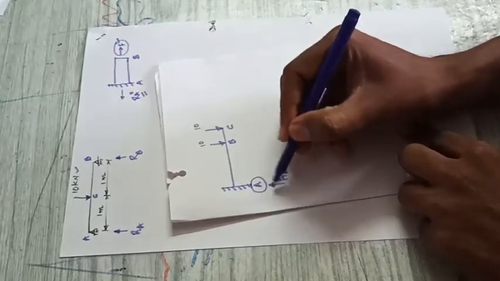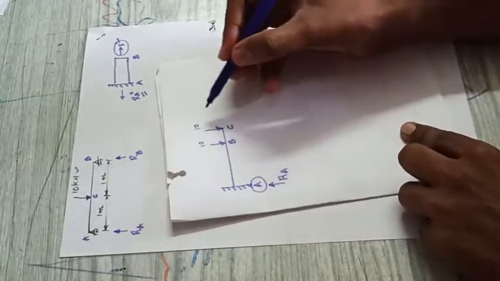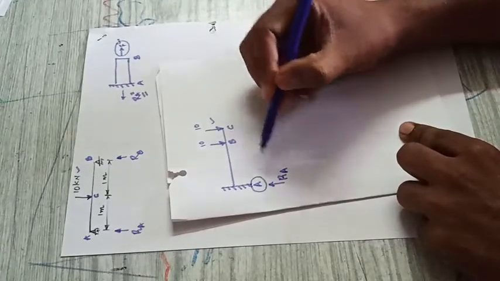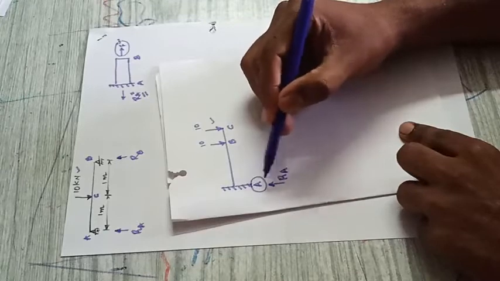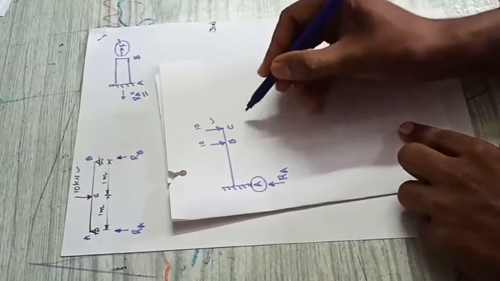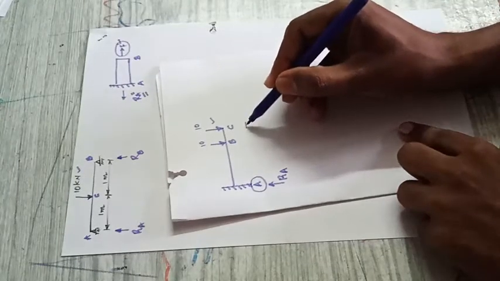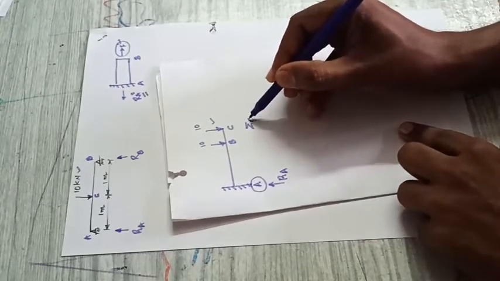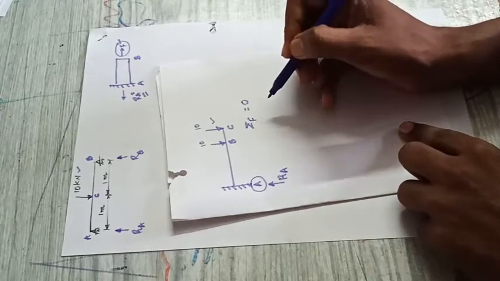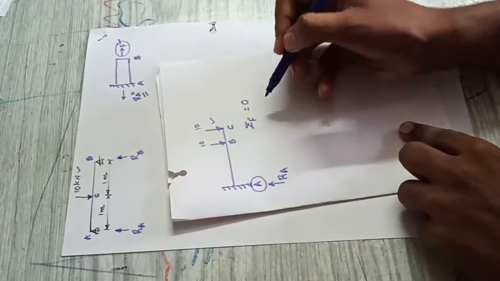The direction of this reaction force will depend upon the applied point loads. These point loads are acting downward, so the reaction force will be acting upward. So how do we find this reaction force? We use the summation of forces equal to 0. Here the forces are acting upward as well as downward.